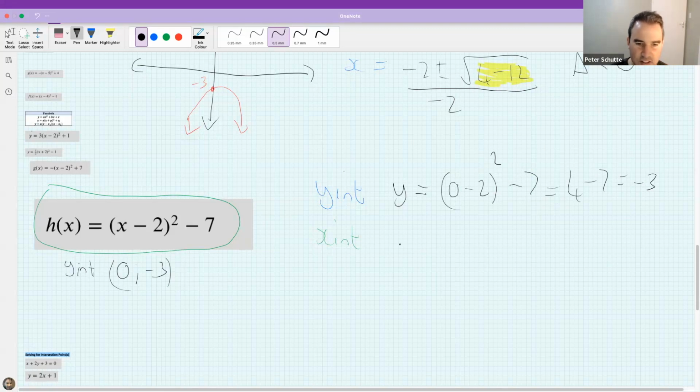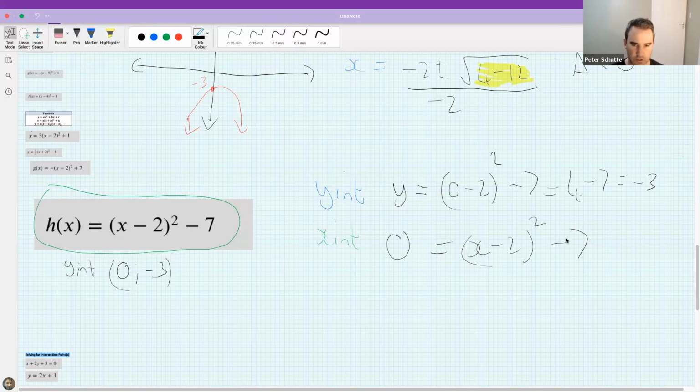Now, what's the x-intercept going to be? You guys are going to have to solve this one for me. Well done, Kotso.